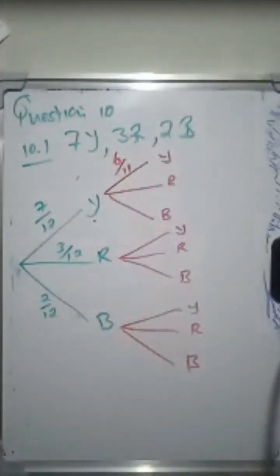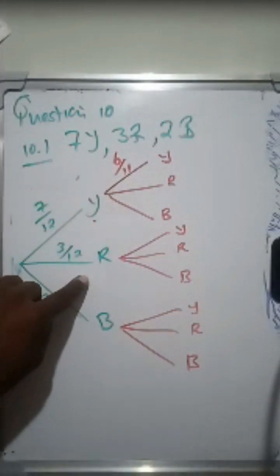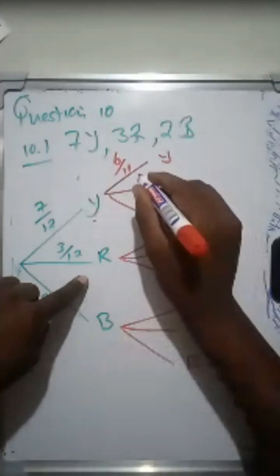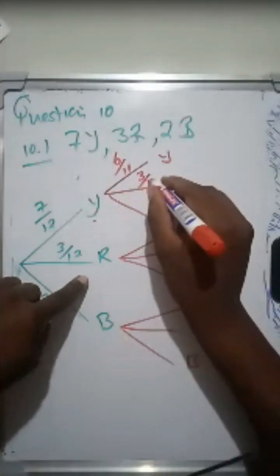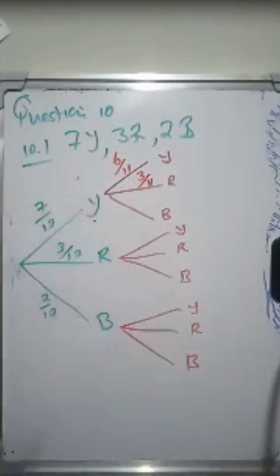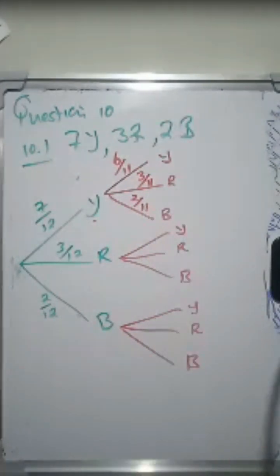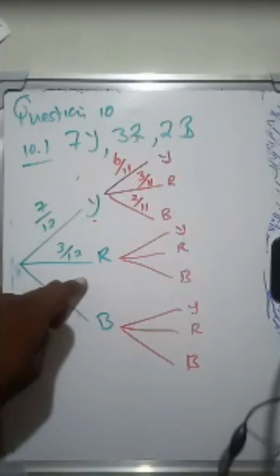But on that branch, red is not affected, so we are still having 3 out of 11. And blue is not affected, we are still having 2 out of 11. Okay? Then we go to this branch.